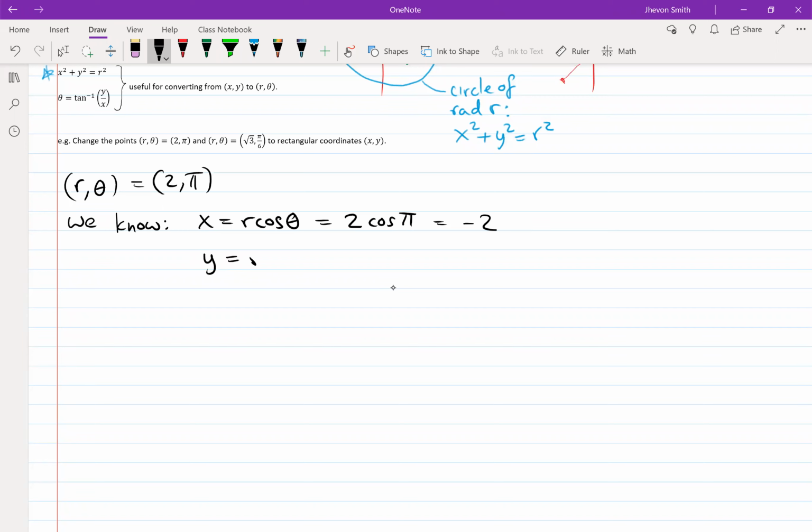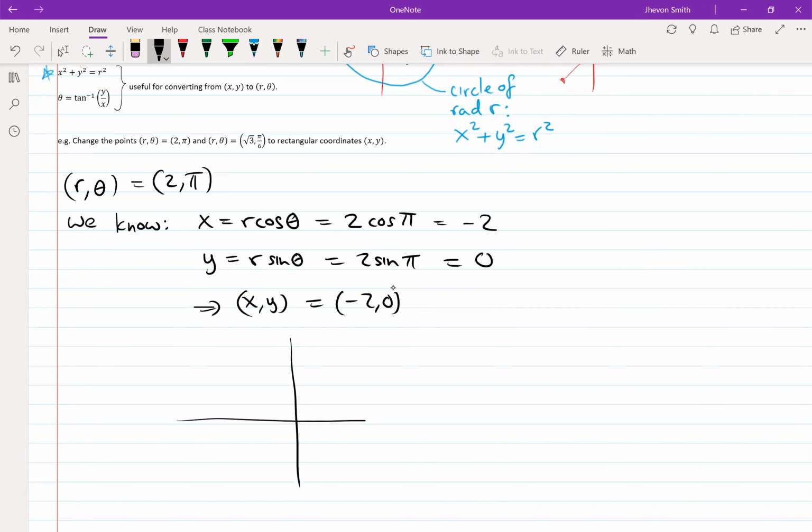Y would be r sine theta. That's 2 sine of pi. Sine of pi is 0. Okay. So the xy coordinate here is actually -2 comma 0. And that should probably make a lot of sense to you.